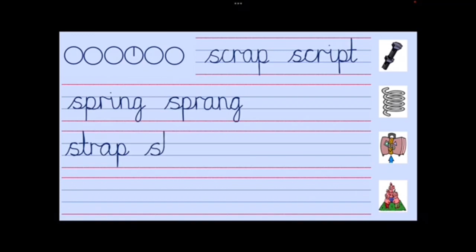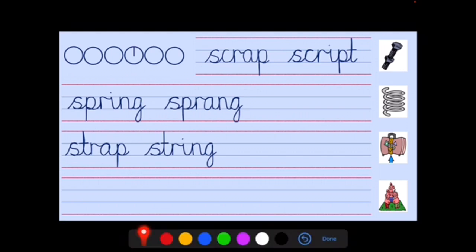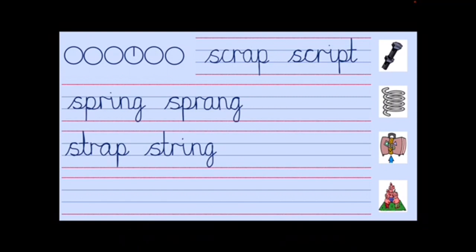Str, I-ng. Cross the T and dot the I. Was your tongue right at the back of your mouth? String. But it would need to be very strong string.